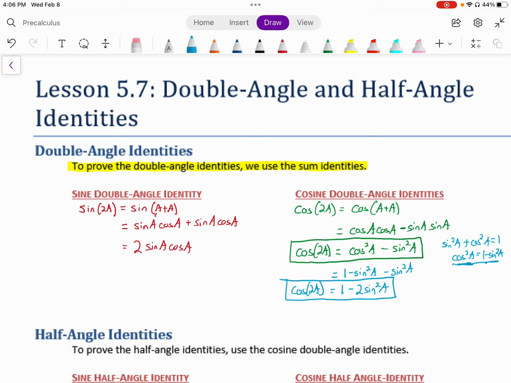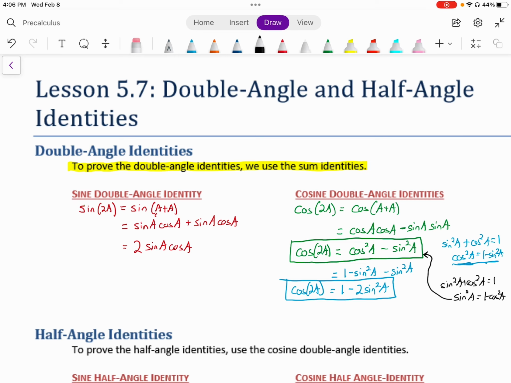And then to get the third variation, we have sine squared a plus cosine squared a equals 1, but this time we will solve for sine squared, so we'll subtract cosine squared from both sides. So sine squared a equals 1 minus cosine squared a, and we will use that still in this green box.